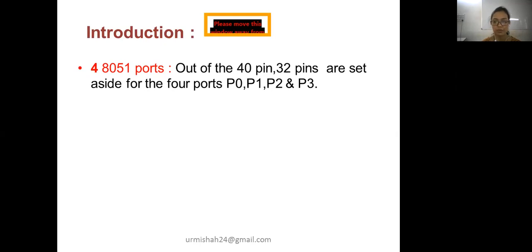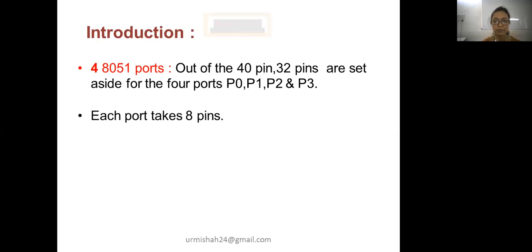Port 0, port 1, port 2 and port 3. And every port takes 8 pins. As you can see, out of 40 pins, 32 pins are allotted to the 4 IO ports. So 32 divided by 4, every port has 8 pins.